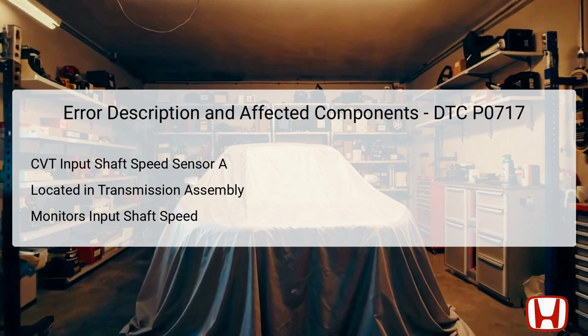When this sensor fails or experiences a circuit issue, the TCM displays the DTC P0717 to indicate a no-signal condition. It's important to note that this fault is purely electrical and does not implicate any mechanical malfunction within the transmission itself. Correctly diagnosing this issue requires understanding both the sensor's role and its physical position within the vehicle.